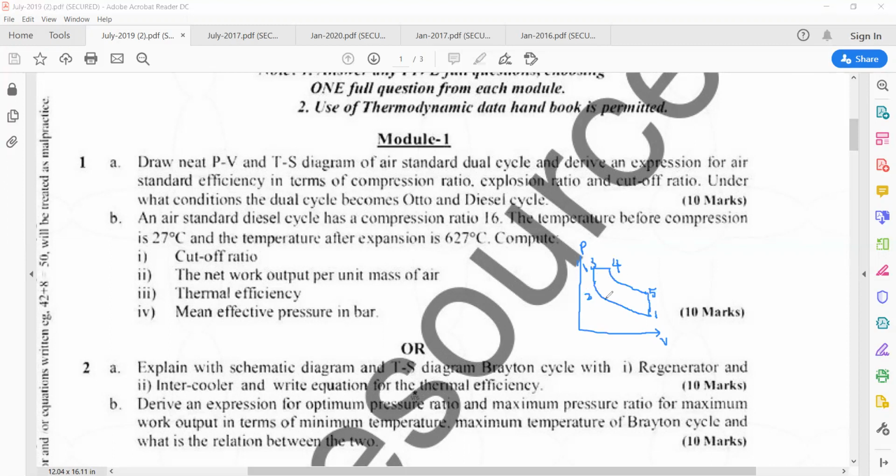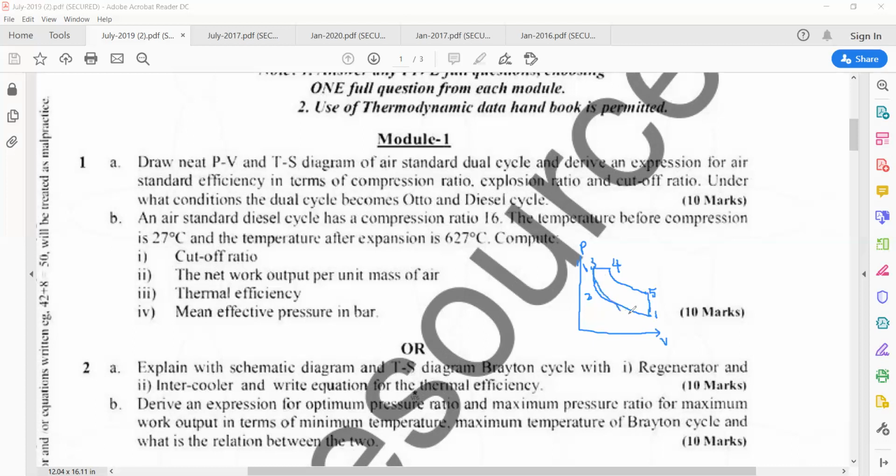So what do we mean by diesel cycle? It will have the 4 processes, namely the adiabatic compression, adiabatic expansion, heat addition at constant pressure, and heat rejection at constant volume. If the heat addition at constant volume is equal to 0, then what can I write?